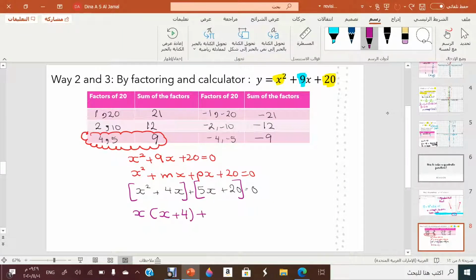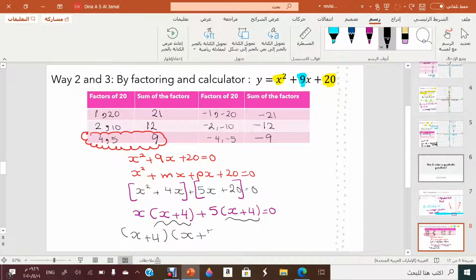Then plus, you will be having here 5 outside and x plus 4 between brackets. Then remember the GCF. Take it outside. Then you will be having the remaining x plus 5. These are the remaining for you, and take it with the sign.